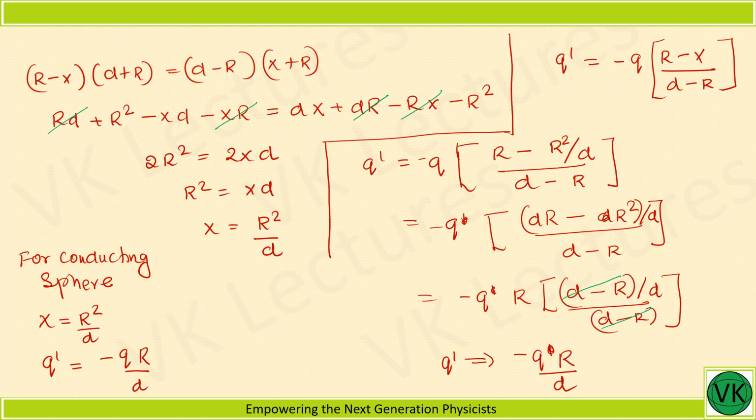Here we have to remember that r is the radius and d is the distance of the point charge, or the real charge, from the center.